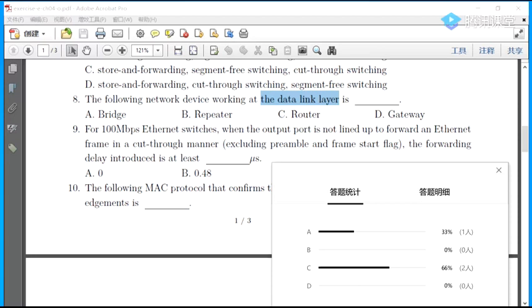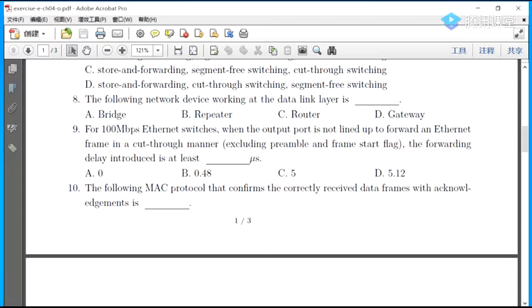Okay, thank you for taking part in the choice. But the answer is A. Network device working at the data link layer is a bridge. Bridge is a typical device at the data link layer.